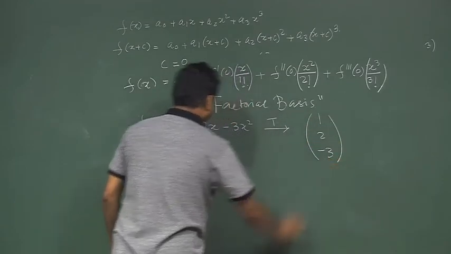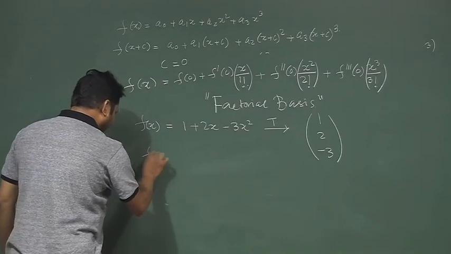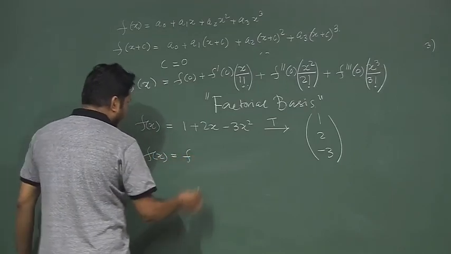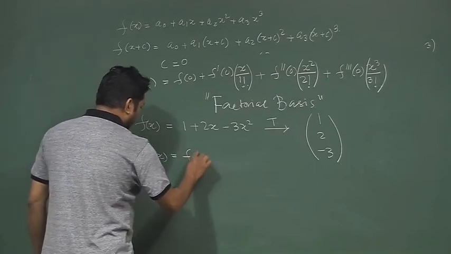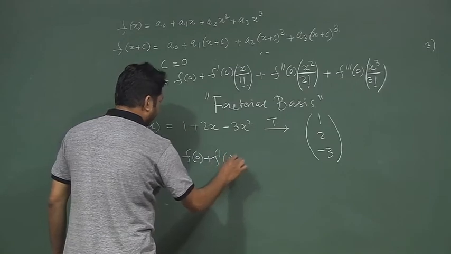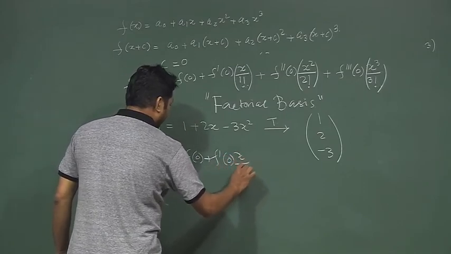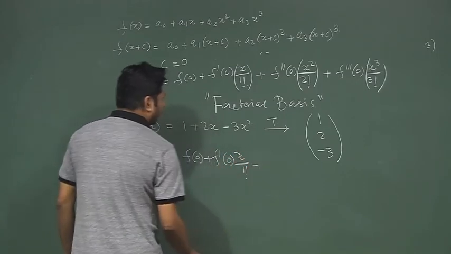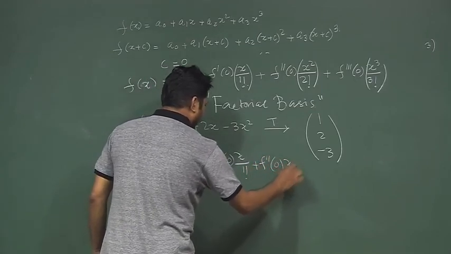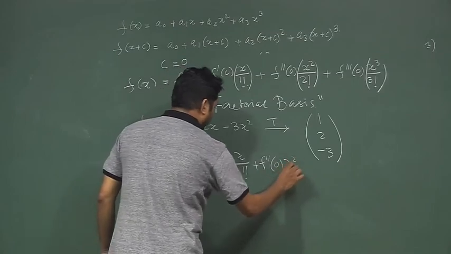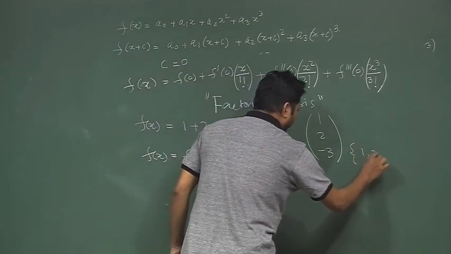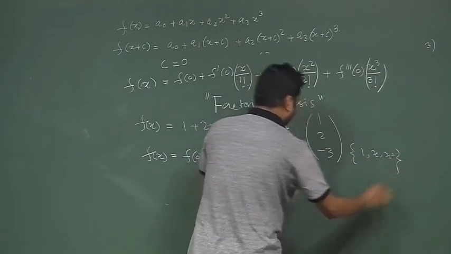Now, the question is, if I write this f(x) in terms of factorial basis, it should be written in the form f(0) plus f prime 0 x over factorial 1 plus f double prime 0 x square over factorial 2.